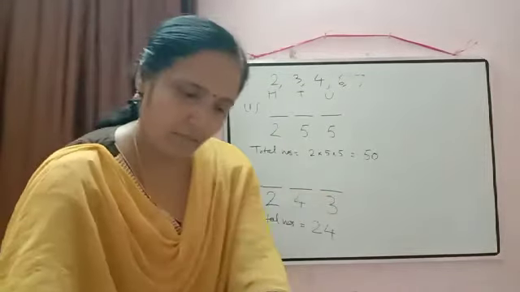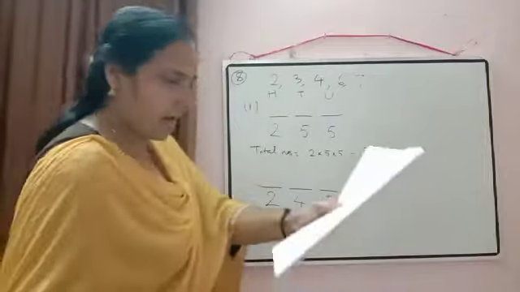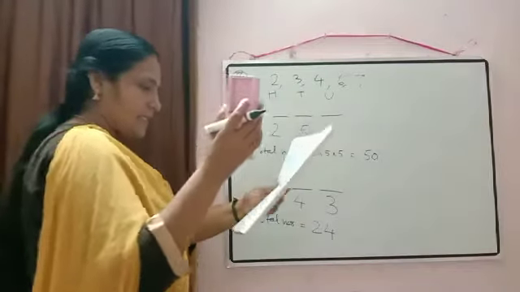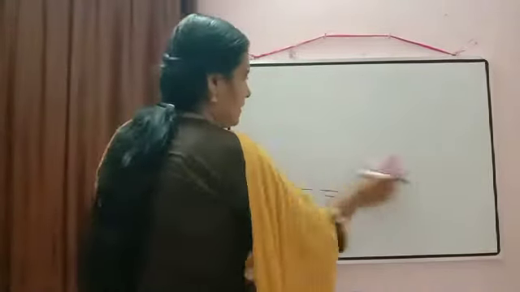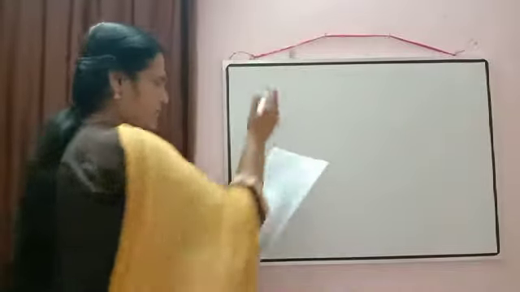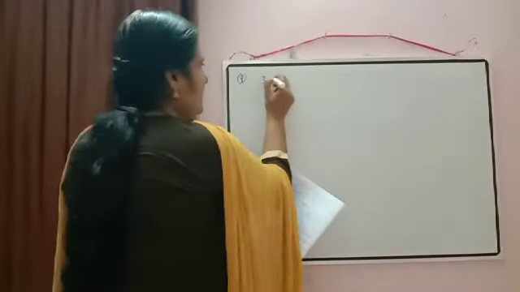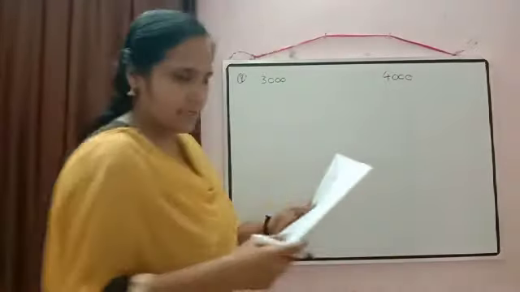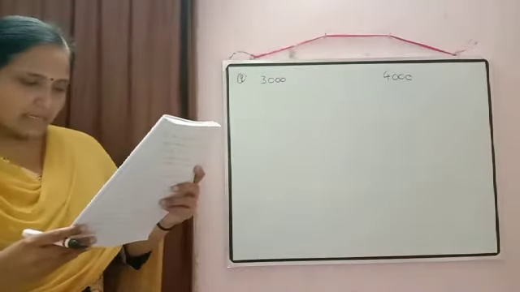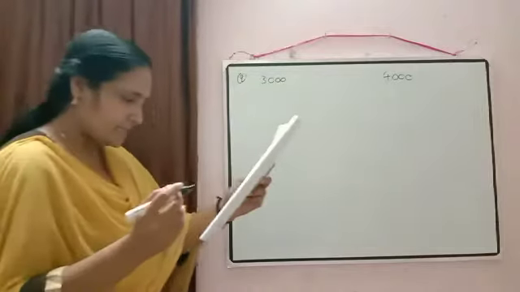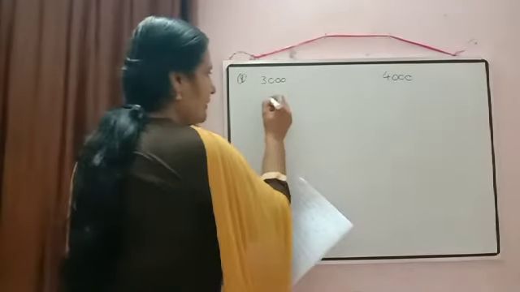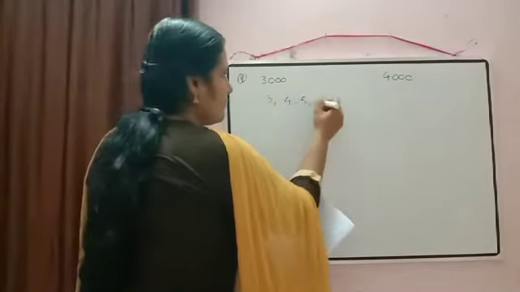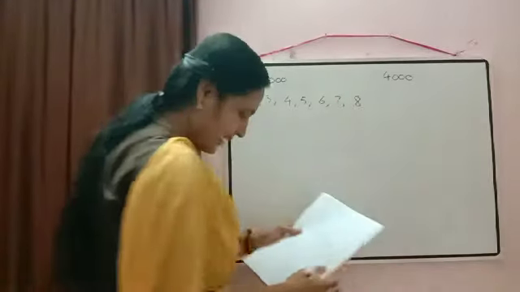Okay. Now, next one is: how many numbers between 3000 and 4000 can be formed from the digits 3, 4, 5, 6, 7, 8? Our number should be between this only.